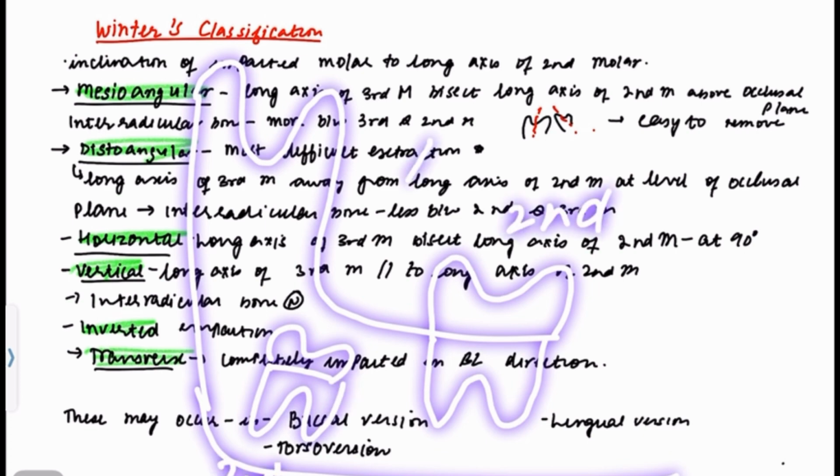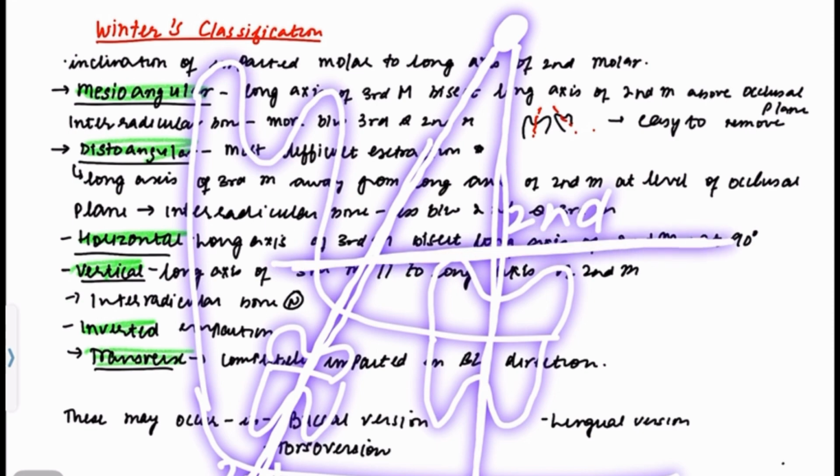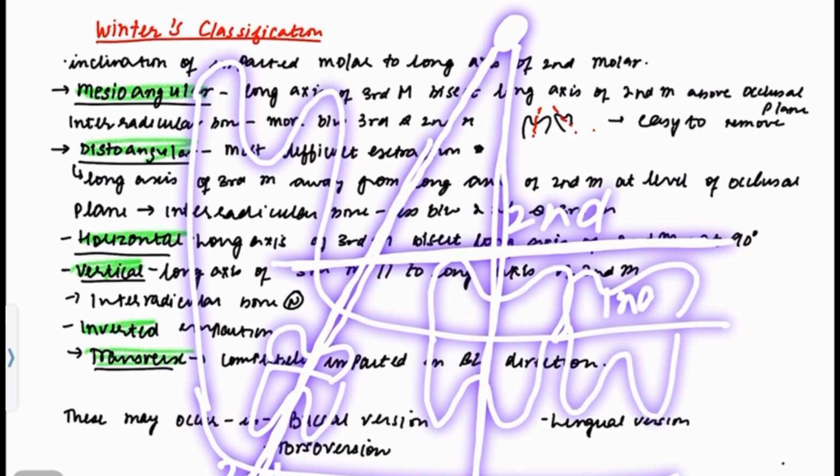Now the inclination of the third molar, that is, the long axis of the third molar and the long axis of the second molar, these bisect at this point. And this point is higher, or above the occlusal plane of the teeth. So this is my occlusal plane. This is my first molar, this is my second molar, this is my premolar.